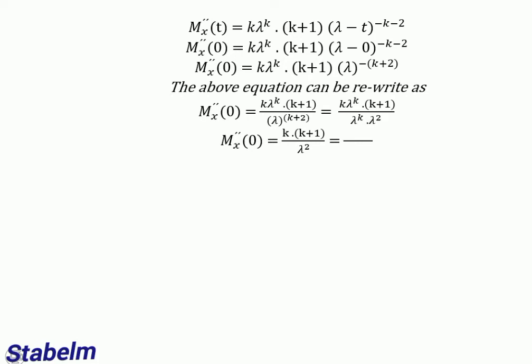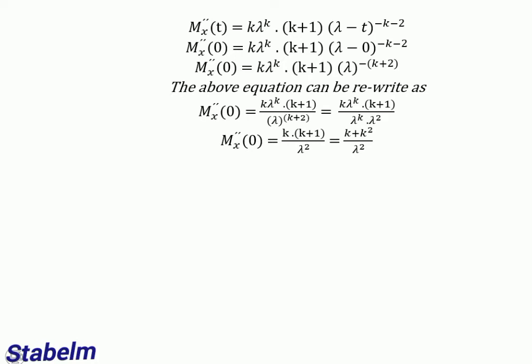And if you remember very well, this becomes k plus k raised to power 2 divided by lambda raised to power 2. That is, we open this bracket: k times k gives us k raised to power 2, then k times 1 gives us this k here. So now we've gotten our M double prime subscript x of 0, which is equivalent to E of X squared, that is the expected squared value of X. Now we slot it back into the variance formula.